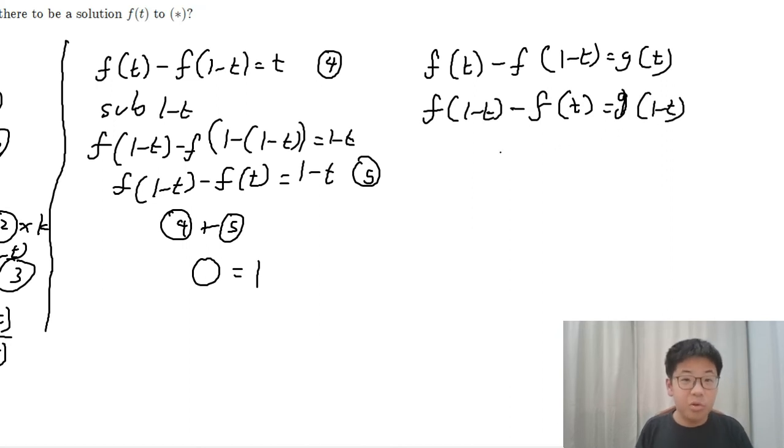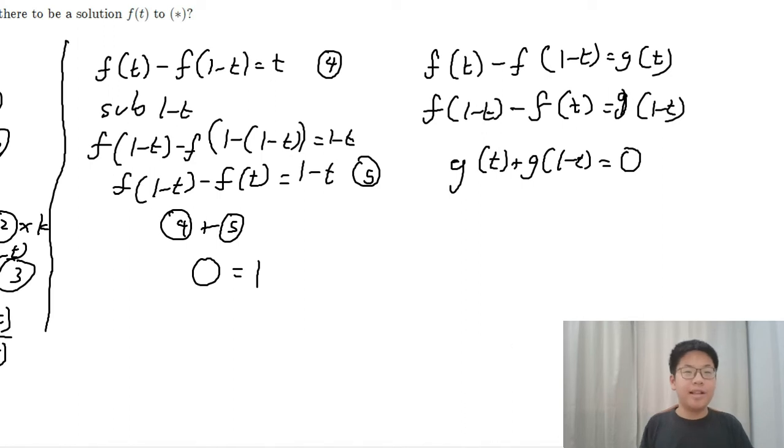What do we do? We add these equations. g(t) plus g(1 minus t) equals 0. g(t) can be any perfectly legitimate function. What does this show? This function must be odd around half.